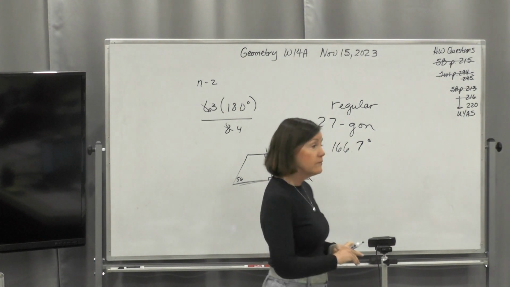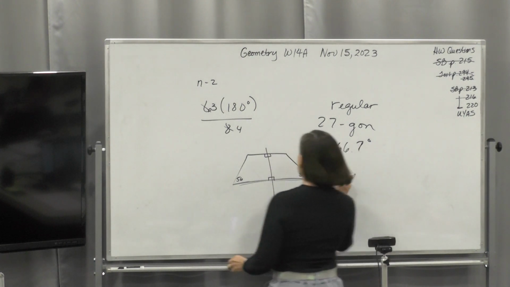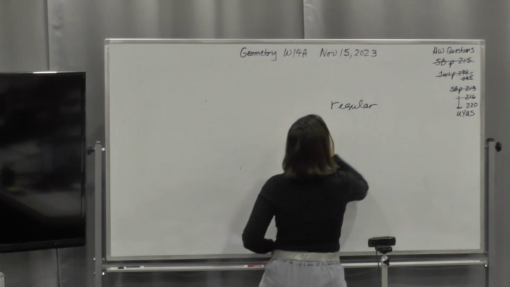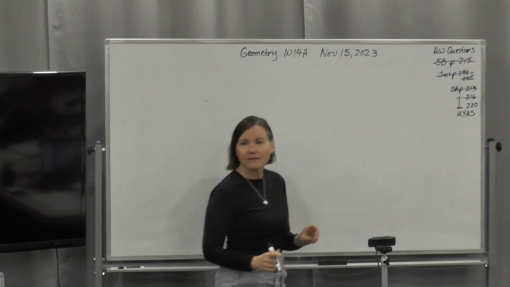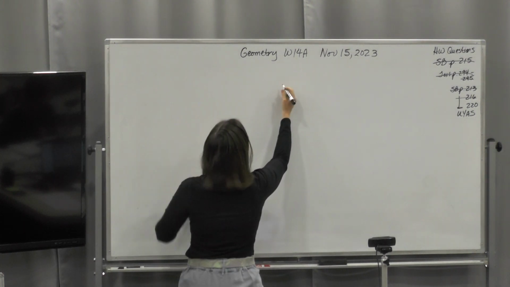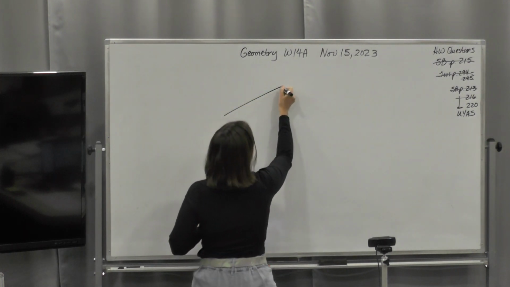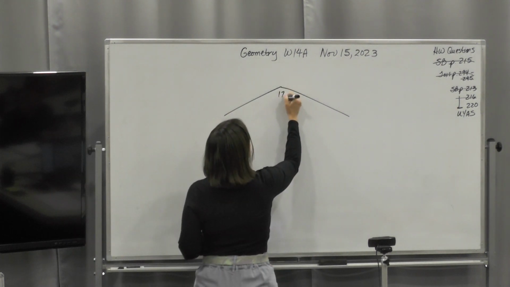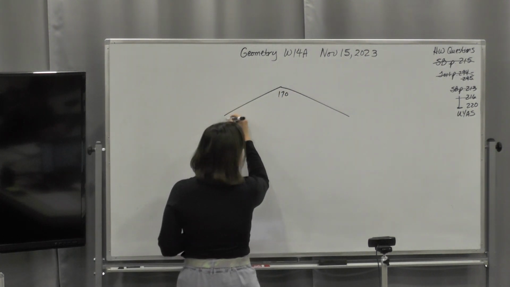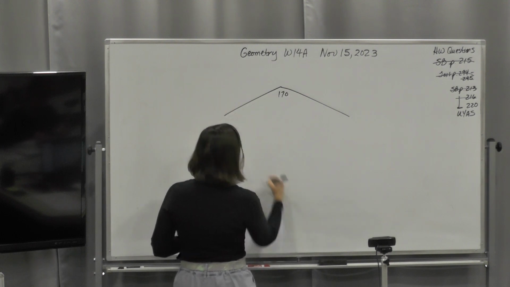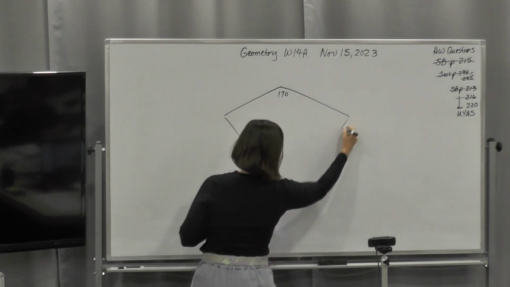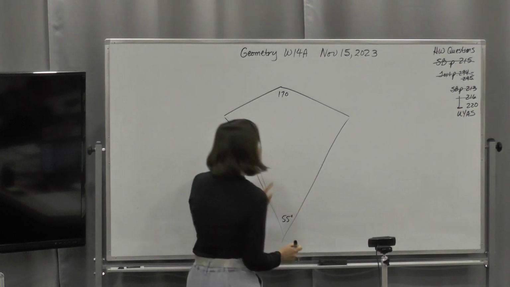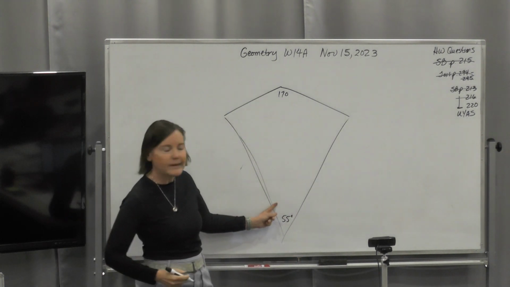If the two vertex angles, right, are 170, what is this going to look like, by the way? It's going to be super weird, like that, right? If that's 170, then you'd have to have something way down here to have, say, 55. When we talk about these vertex angles, these are the two. It's like a stew right now, right?